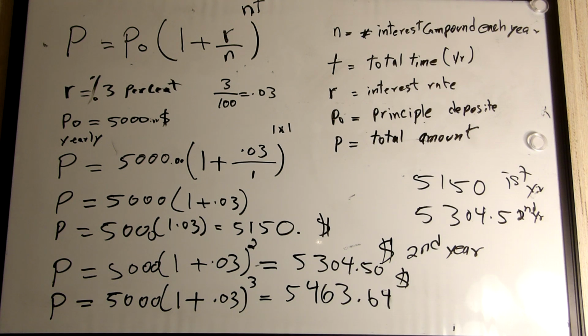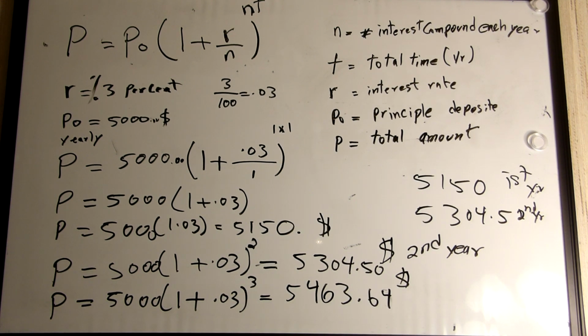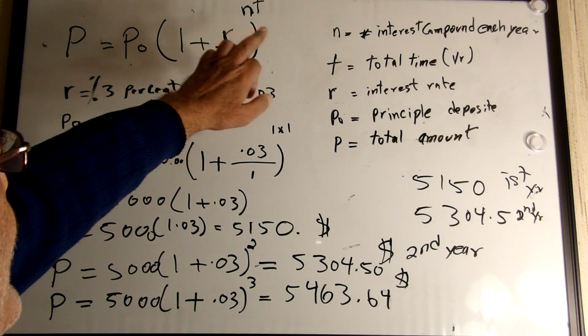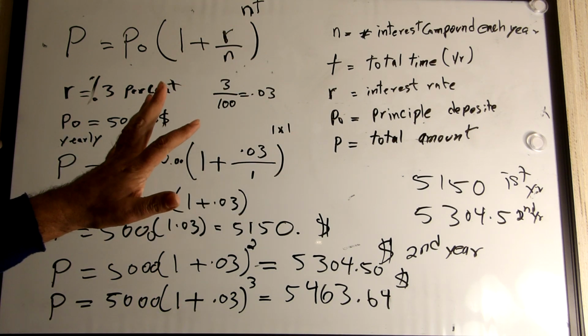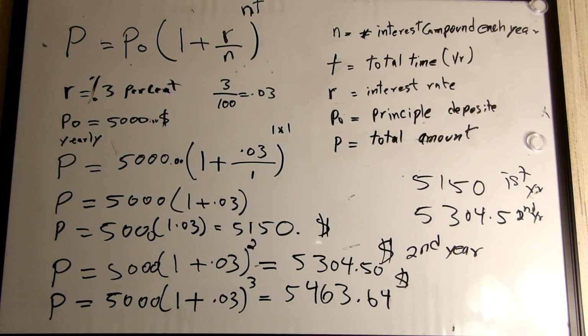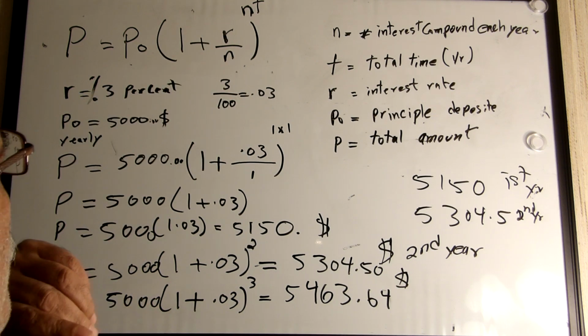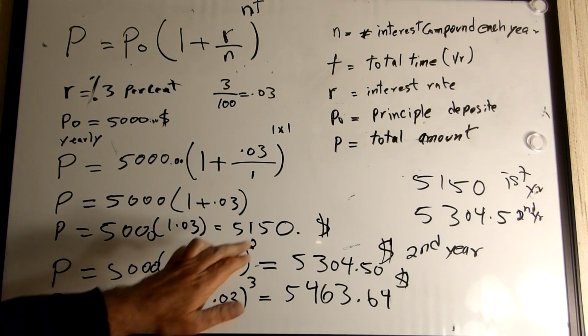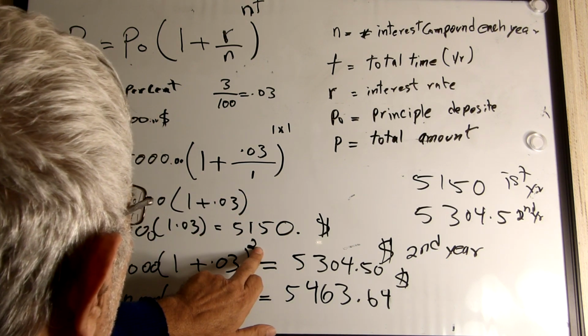So this is very easy. You have the principal amount, and then you have the interest rate, and then the interest compounded each year. And t is the time in years.